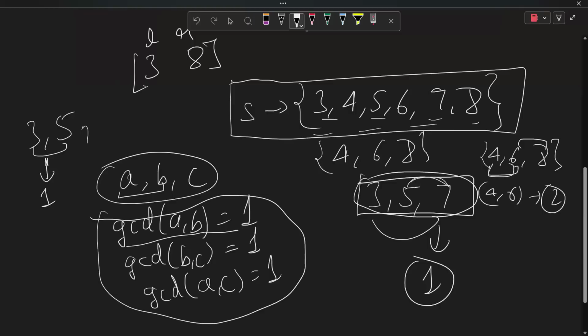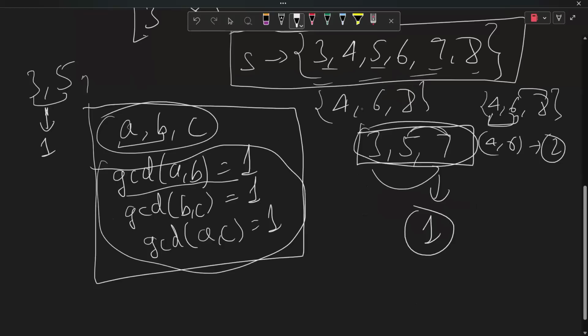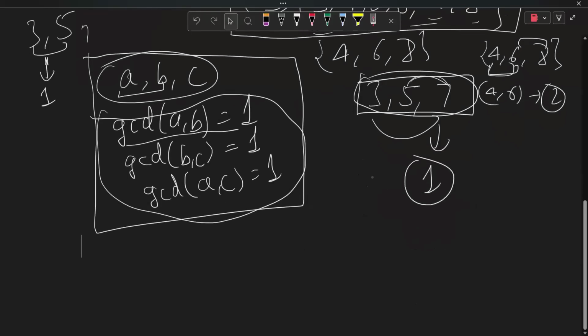You need to divide the set into maximum groups of 3 integers like this. To solve this problem, you need to crack one simple thing: when would 3 integers satisfy this condition?